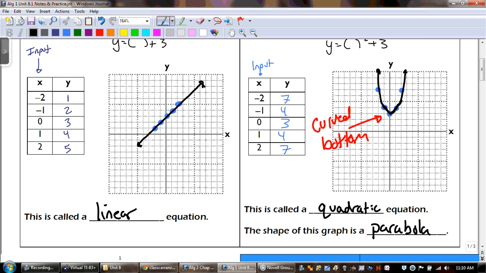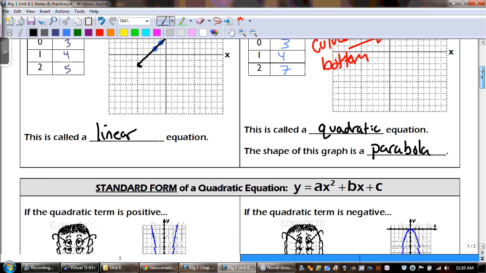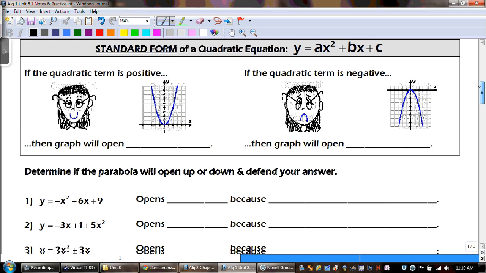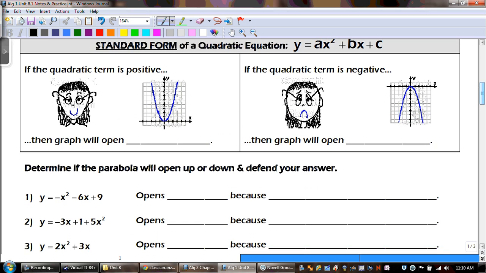This chapter that we're talking about is going to be all about quadratics. The standard form of a quadratic equation is y equals ax squared plus bx plus c. The quadratic term is the x squared.